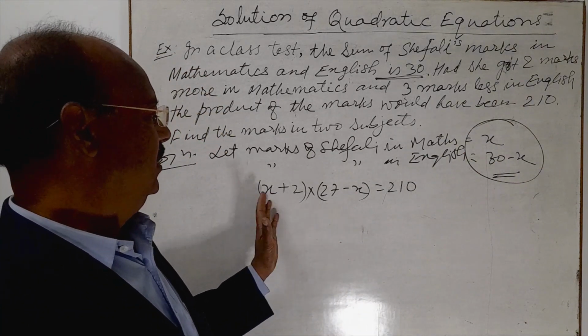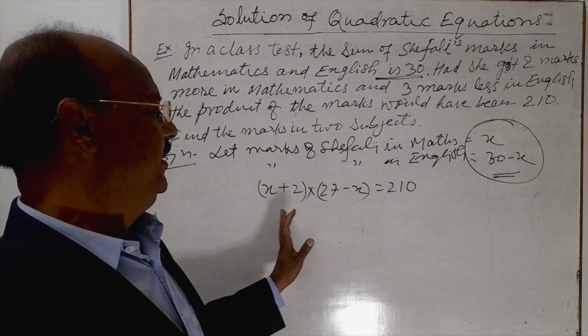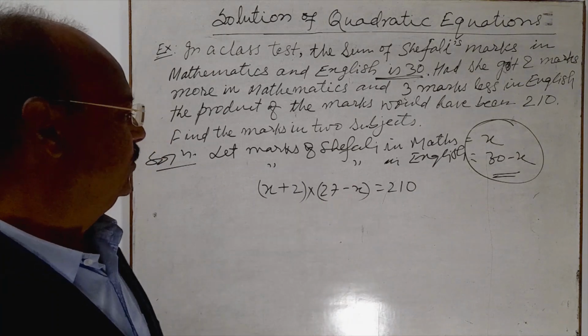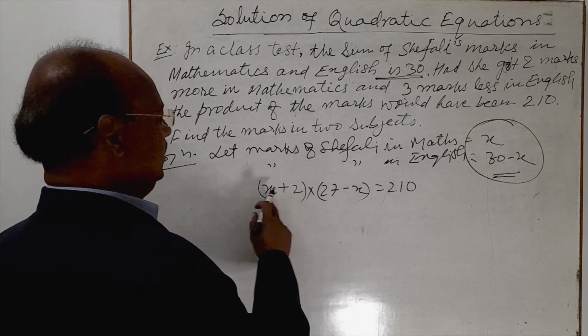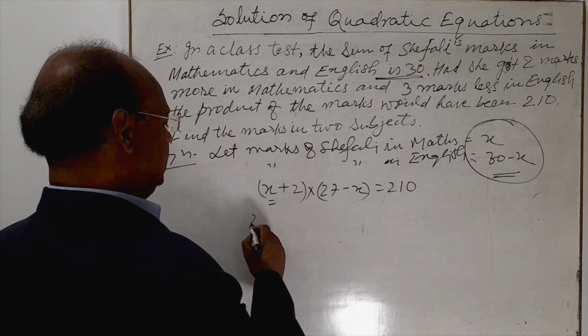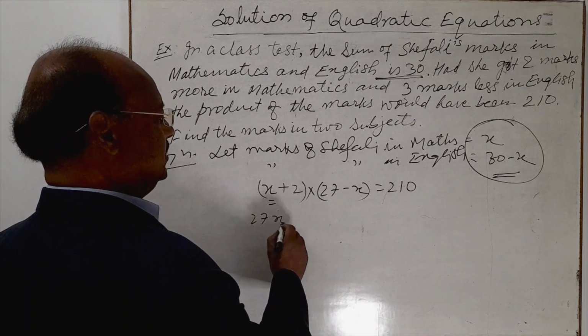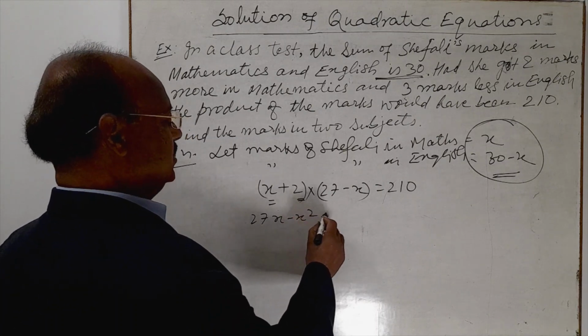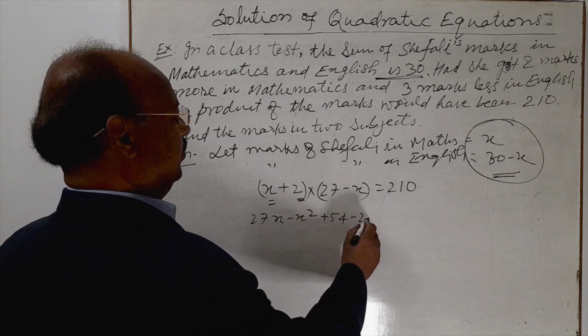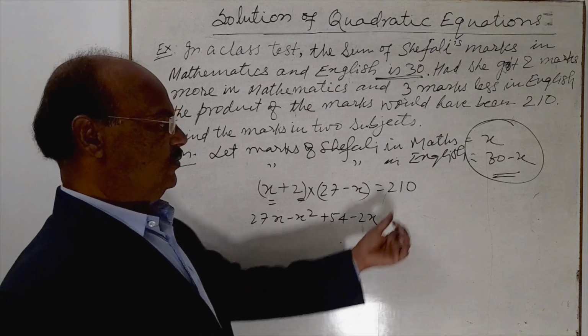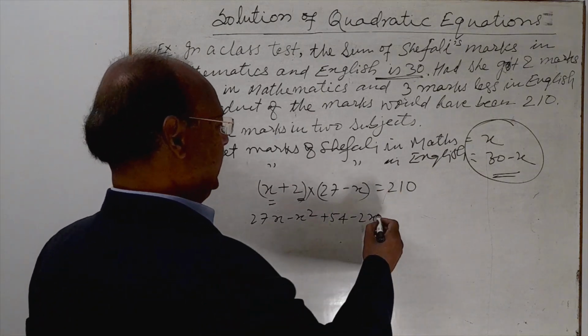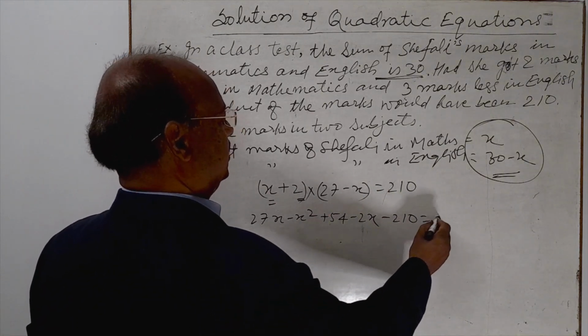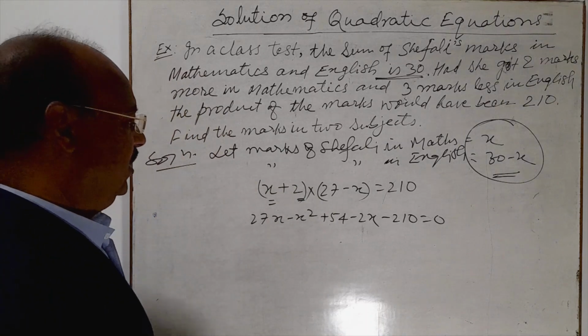So first of all, let us multiply these 2 linear expressions. First you multiply with x. So this is 27x minus x square. Now multiply with 2. This is 54 minus 2x. You transpose this 210 to the left hand side: minus 210 is equal to 0. Correct?